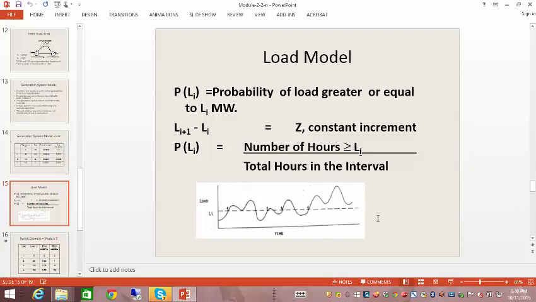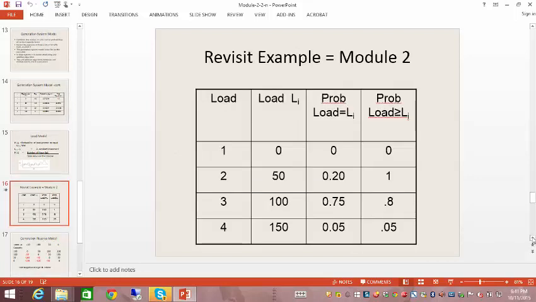Now in practice, there are algorithms to develop these load models, and those algorithms are very efficient. In the example that we had in module 2, we had these load levels, and these were the probabilities over there.